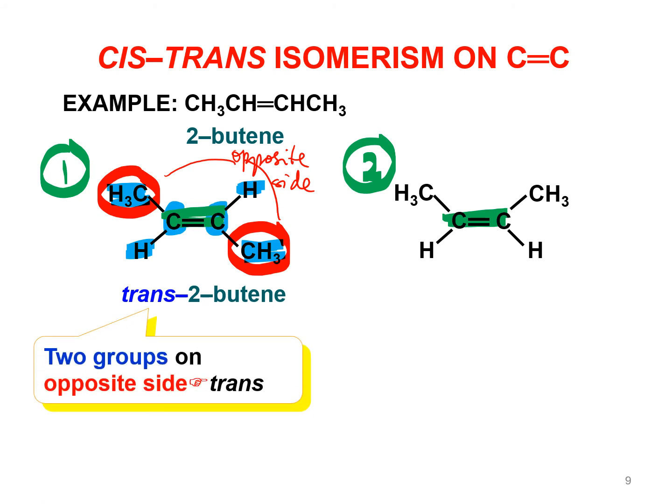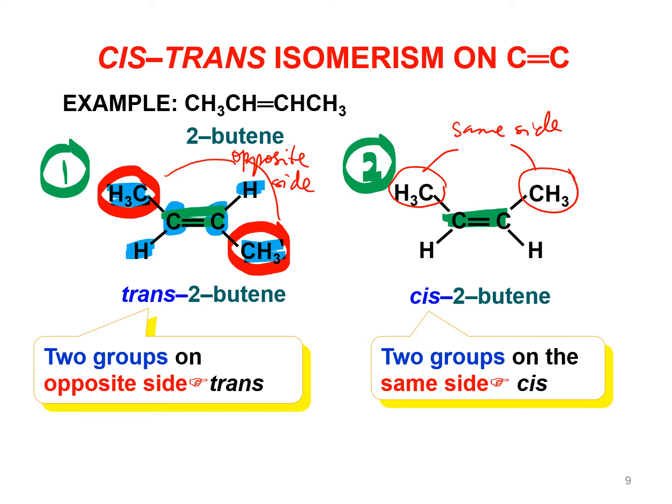And the next structure, the next isomeric pair, is called cis-2-butene because the two groups are on the same side.